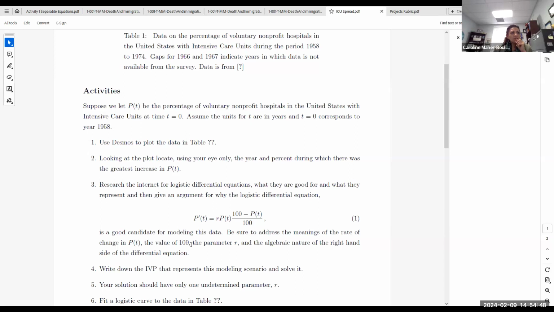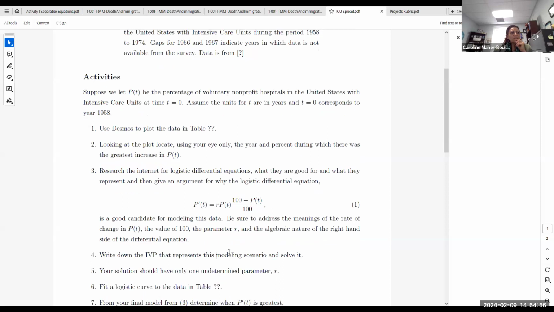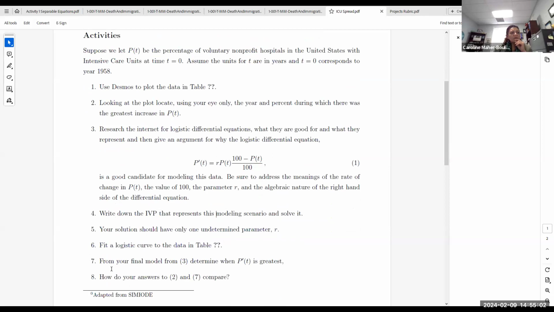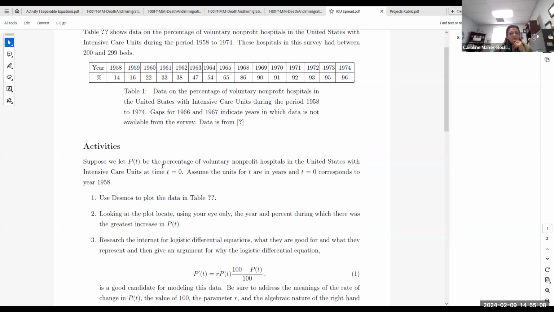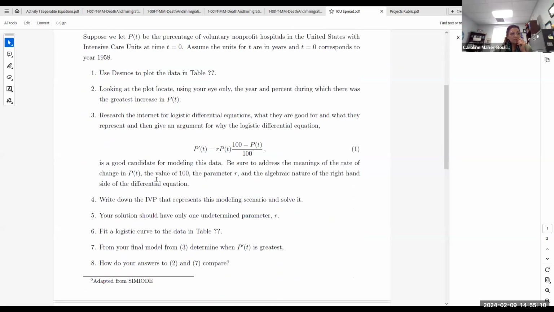What does the 100 mean in this equation? What is the parameter R? And so on. And so they eventually solve the initial value problem, and then they see if the solution fits the data that they're given.